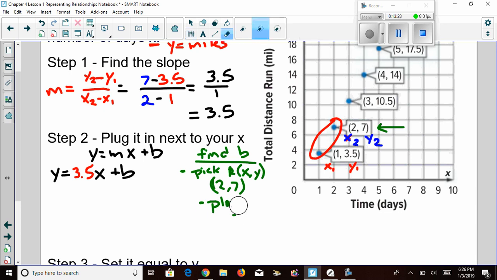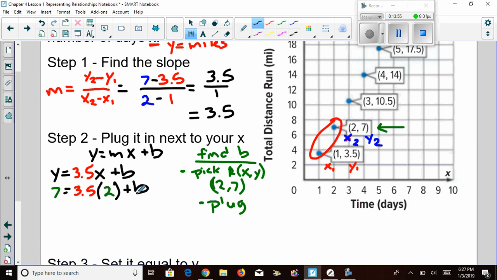To do that, I'm going to say, instead of y, I'm going to plug in 7 equals 3.5. Instead of times x, I'm going to say times 2 plus b.